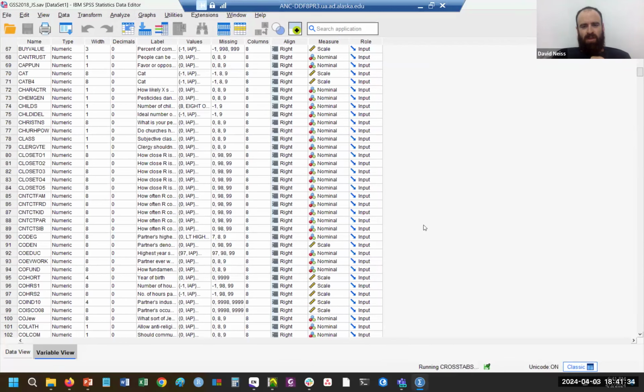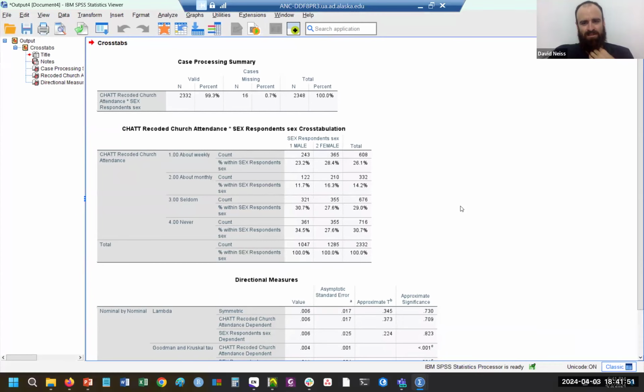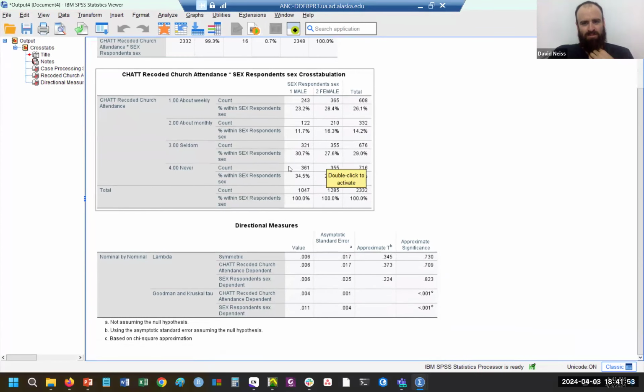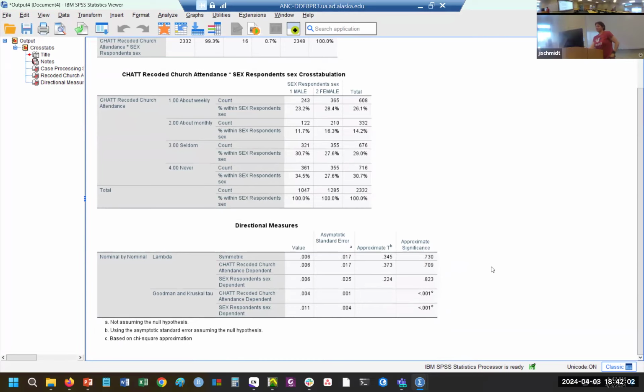If it doesn't really bear on what we're doing, that's totally fine, but some of the other numbers in this table, like the approximate significance, is there a simple lay explanation for what that's telling us? Honestly, I don't know.